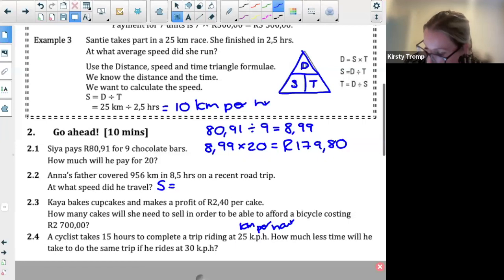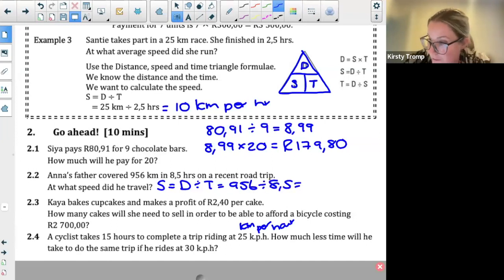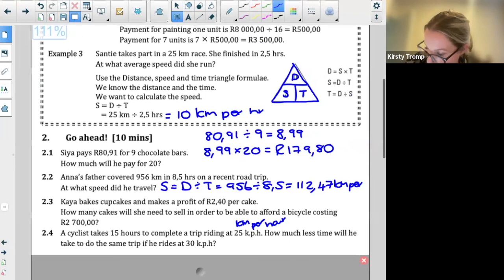Speed equals distance divided by time, and that's going to give us 956 divided by 8.5, and that gives us 112.47 kilometers per hour.